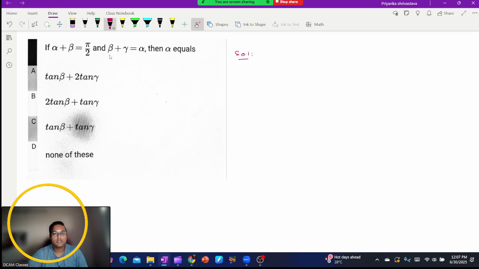Let us solve. I think alpha plus beta is pi by 2. Beta plus gamma is alpha. I think what they want is the value of tan alpha.